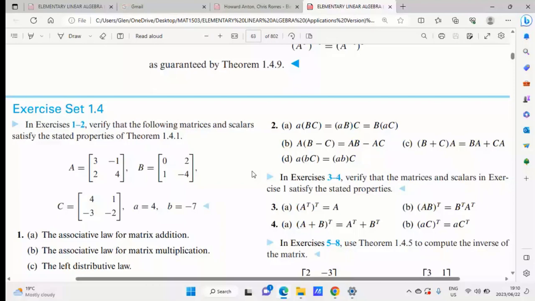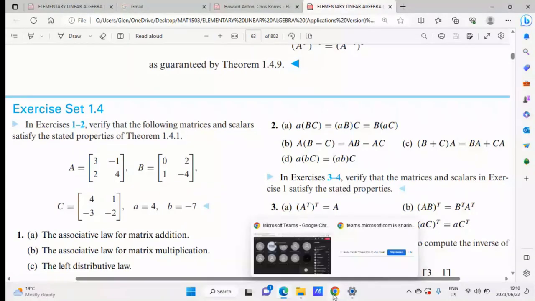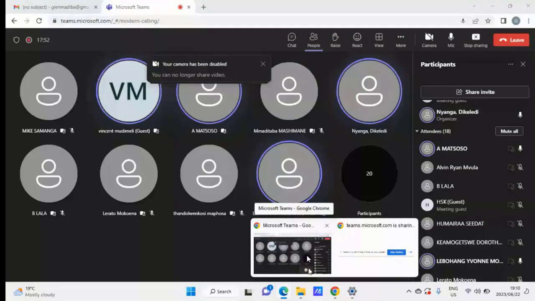I don't hear anything. Can somebody please mute? Colleagues, do let me know if you got a different matrix. Can someone who's... Lorato?